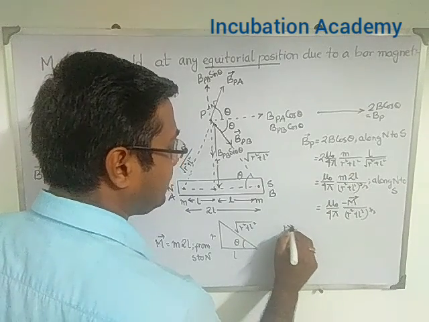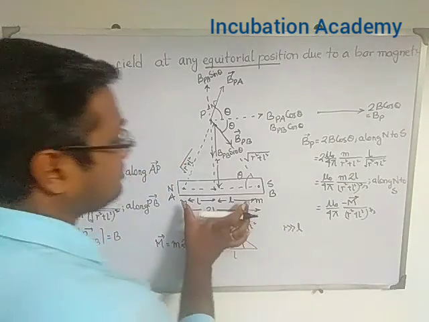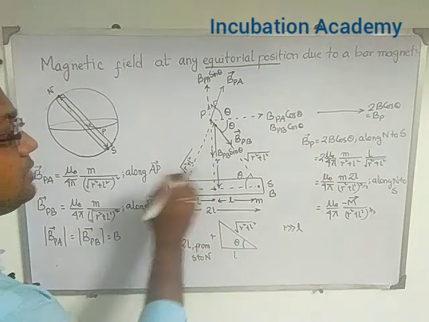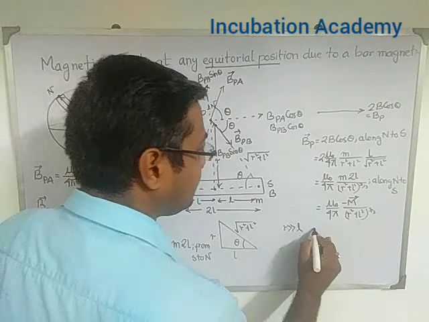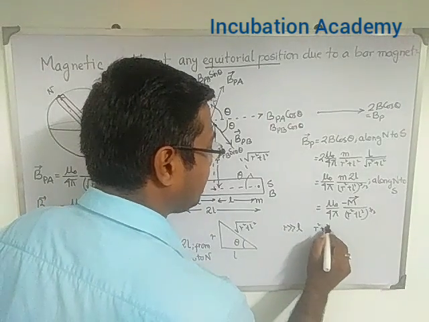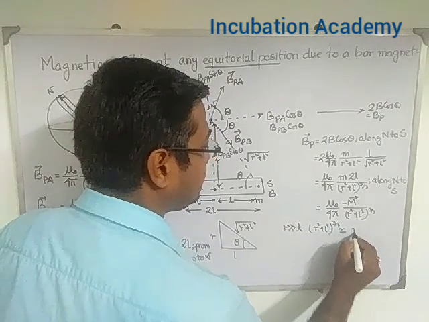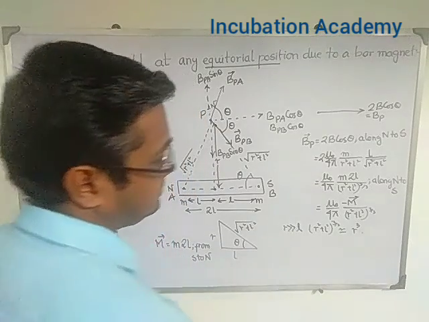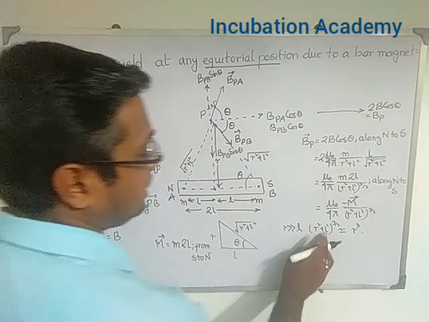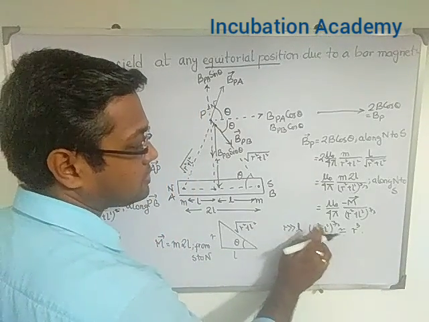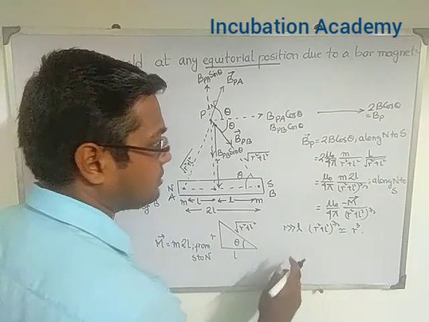If r is very much greater than l, if the length of the magnet is very small compared to r, then r square plus l square to the power 3 by 2 can be approximated as r cube, because l can be neglected, then it becomes r square to the power 3 by 2, that is r cube.